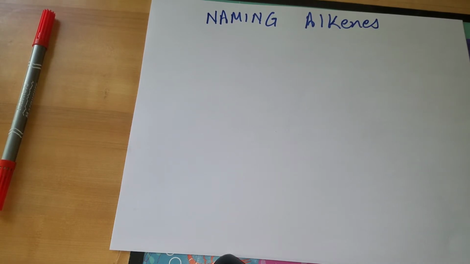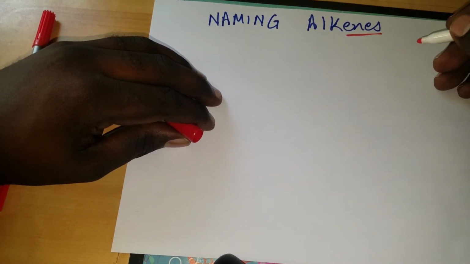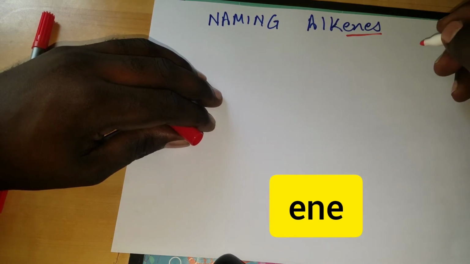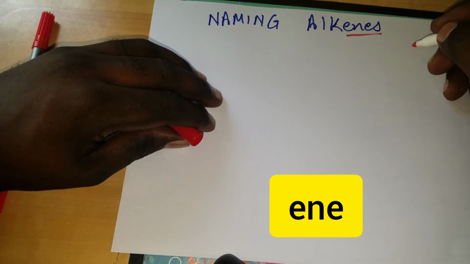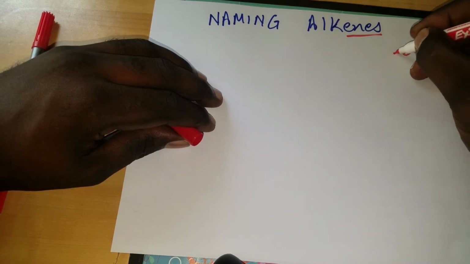We're going to be continuing our naming of organic compounds, and we're going to be looking at naming alkenes today. Now, the name already, alkenes, tells you something. That right there, the "ene", tells you the suffix of the surname of the compound. So we're always going to be ending with "ene."